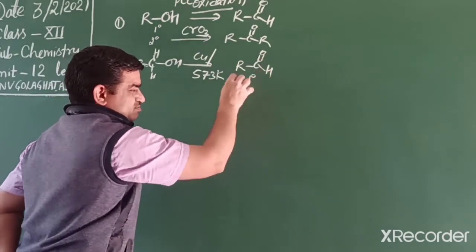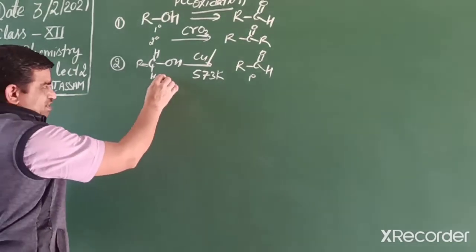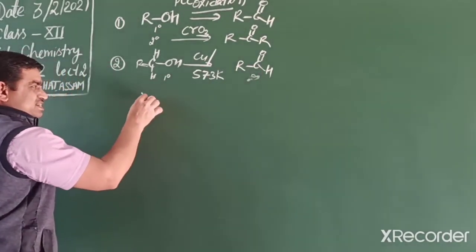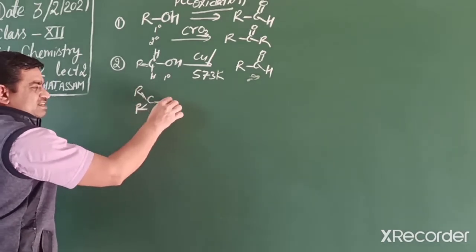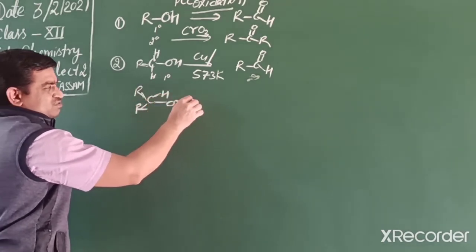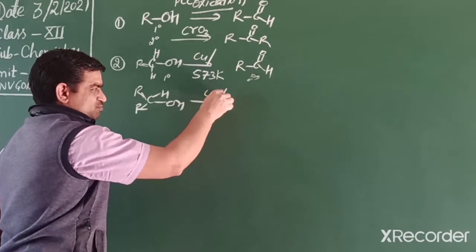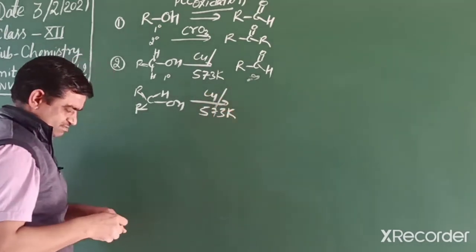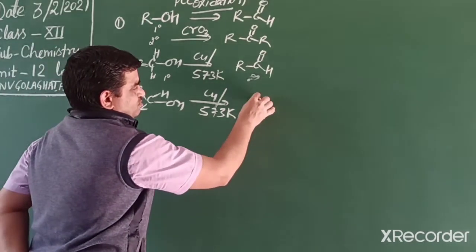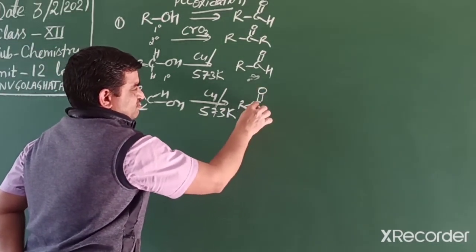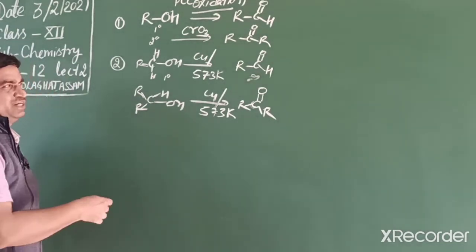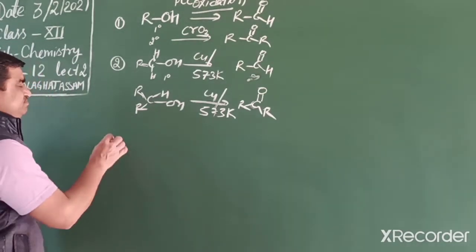Primary alcohol converts into aldehyde. If the alcohol is secondary, then the product is ketone in the same reaction, copper plus 573 Kelvin temperature. If the alcohol is tertiary, then the product is alkene.